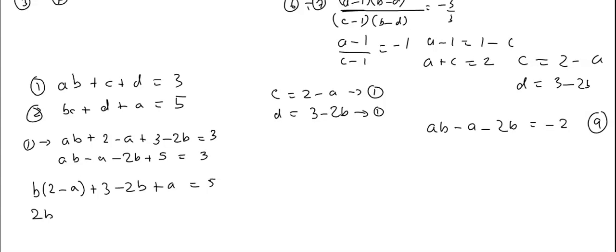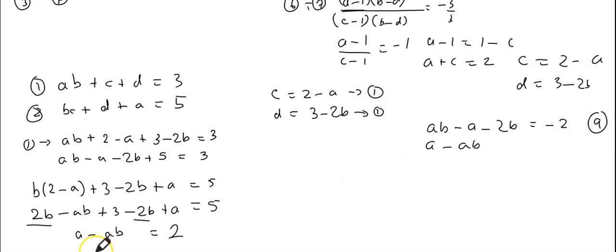So there is 2B minus AB plus 3 minus 2B plus A equals 5. So the 2B's go, and I've got A minus AB equals 2. So I'll put that on the other side and call it equation 10. A minus AB equals 2, and that is equation 10.